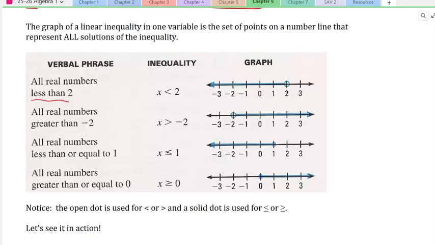And then the graph of this, if we look at our number line here, we find the number 2 on the number line, put a circle there, and then it's all the numbers that are less than 2. So that's why everything is filled in all the way that way, because those are all the real numbers that are less than 2. Notice how the 2 is not filled in by the circle because it does not include 2. It's everything less than 2.